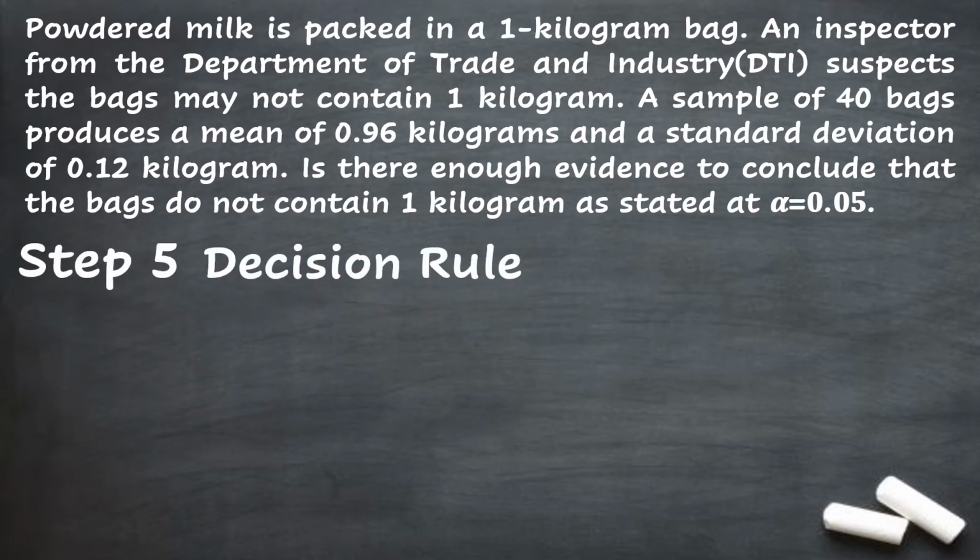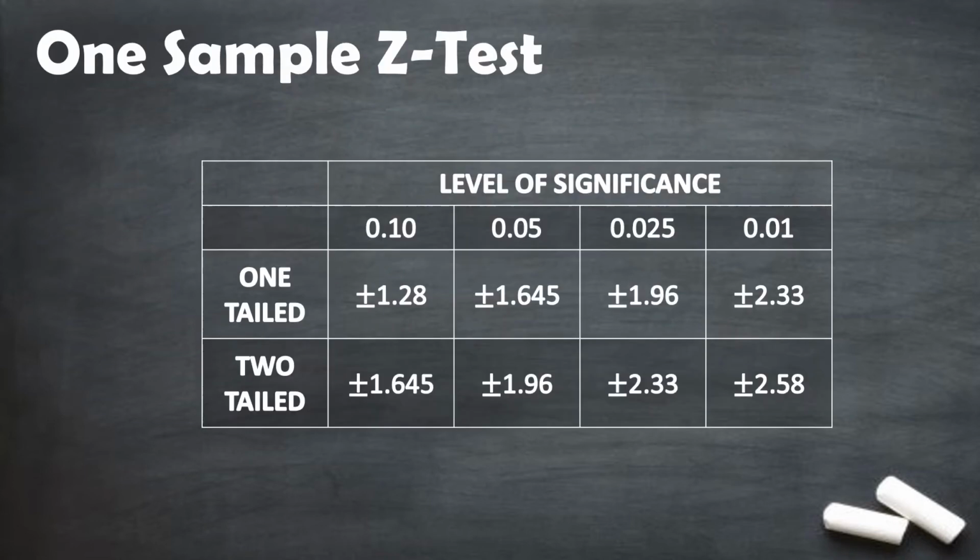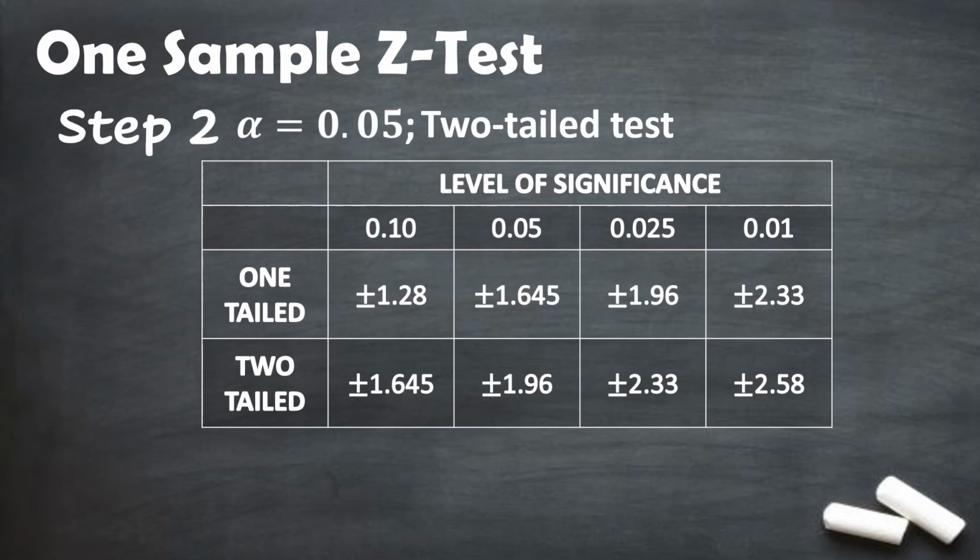Step 5 is the decision rule. Again, the decision rule for all the problems under one sample z test will be reject null hypothesis if the absolute value of z computed is greater than the absolute value of z tabular. Since we already computed the z computed, we now have to identify the z tabular for this given problem. To identify the z-tabular, we go back to step 2 and recall the level of significance and the tail test.